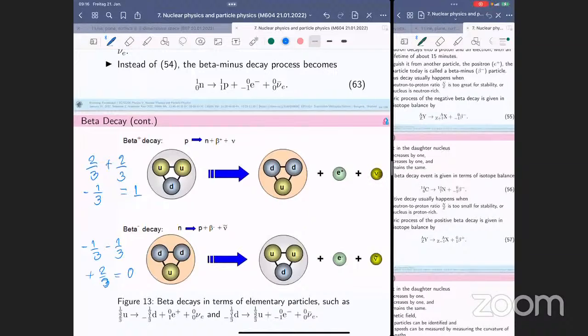And you also get the neutrino, which is a very, very small particle compared to the electron. You can see that the electron is already very small compared to the neutron or the proton. This one is called the electron neutrino.